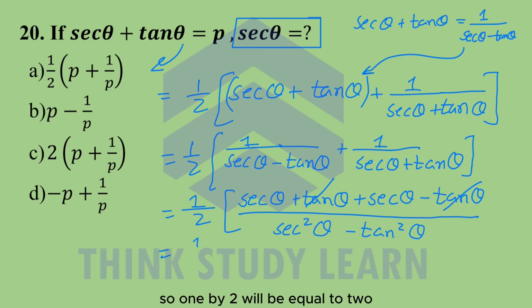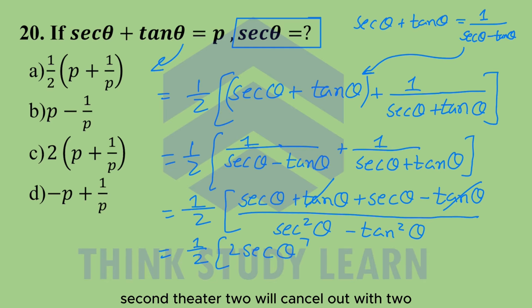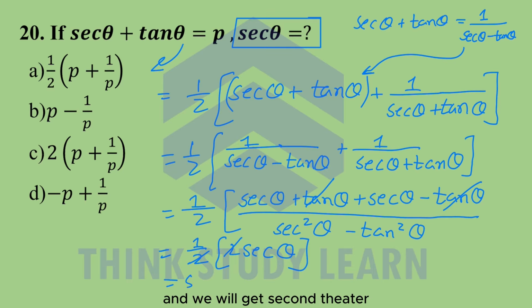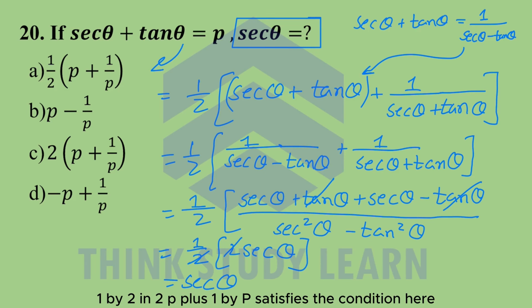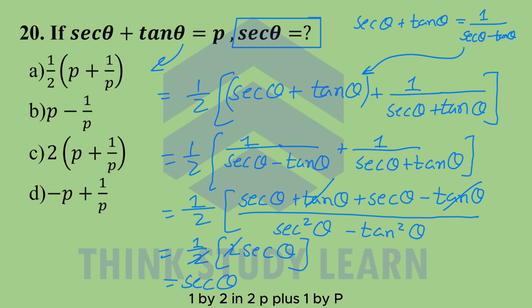So 1 by 2 will be equal to 2 secant theta. 2 will cancel out with 2 and we will get secant theta. So 1 by 2 into p plus 1 by p satisfies the condition here. So the value of secant theta will be A option, 1 by 2 into p plus 1 by p.